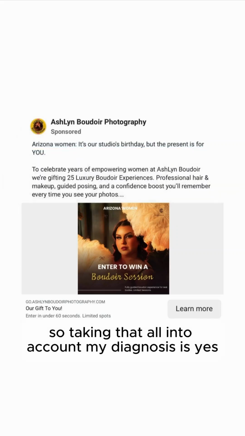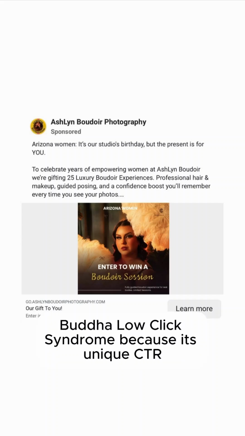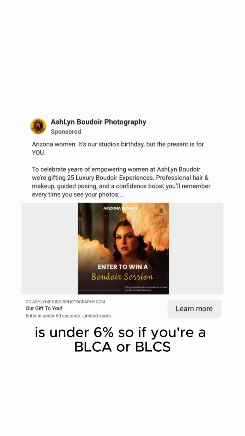So, taking that all into account, my diagnosis is yes, I believe this Boudoir Facebook ad has BLCS, Boudoir low click syndrome, because its unique CTR is under 6%.